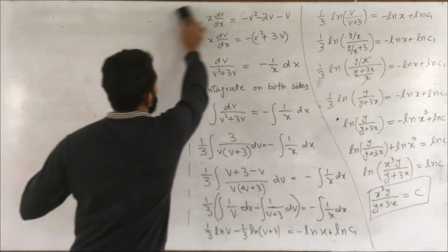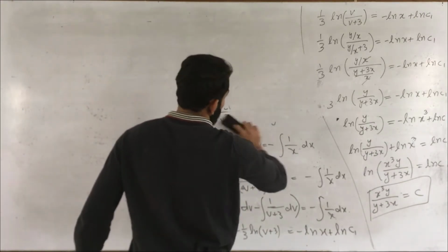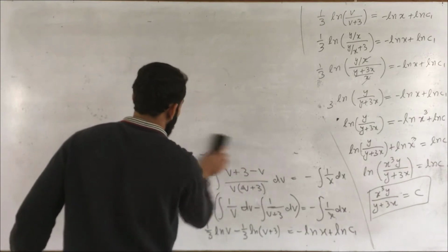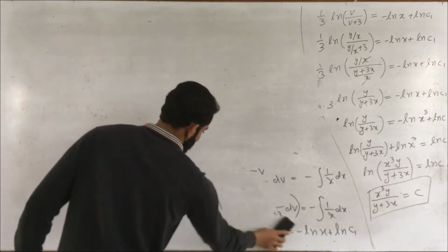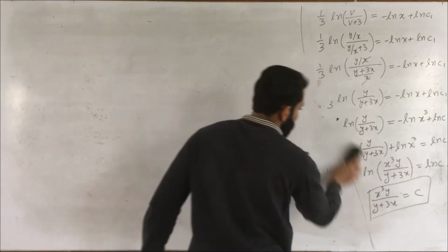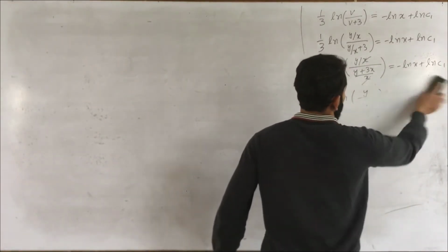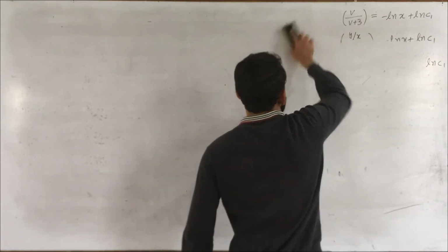I am going to question number 4, which is a little different, a little difficult, and involves the function of trigonometry. So I am going to solve question number 4 now after erasing this.